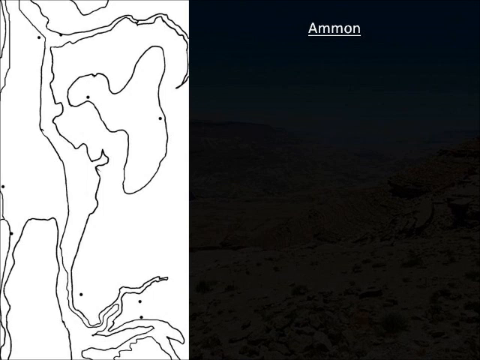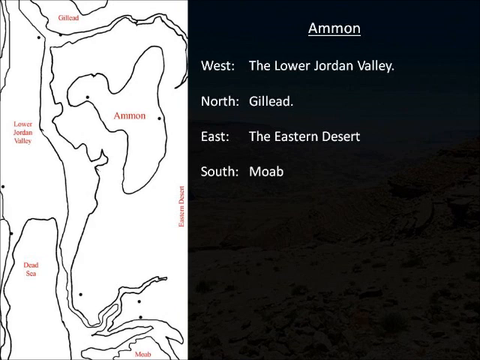So, now that you've got your thumbnail maps downloaded, let's mark the 4 cardinal points to the west, north, east, and south of Ammon. Alright, so let's begin with having Ammon there in the center. It's in that large upper highland area that looks like it's kind of shaped like a Y. That's the central area of the land of Ammon.